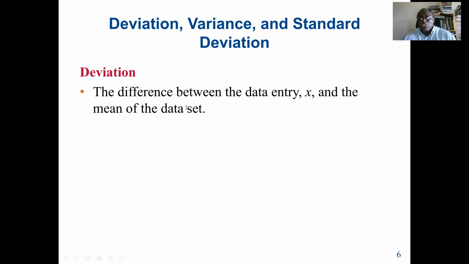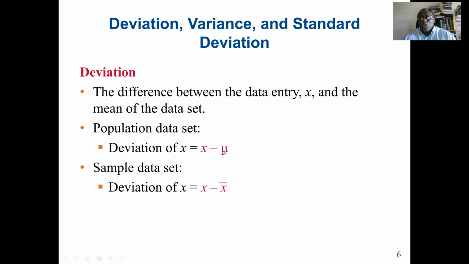Now, to find the deviation, we subtract the mean from each individual value, and that will give us the deviation. So the formula is x, one individual value, minus the mean. For a sample, the same thing: individual value x minus the sample mean. The mean is the population mean, and then the sample mean.